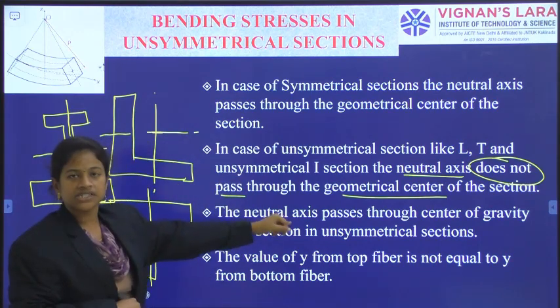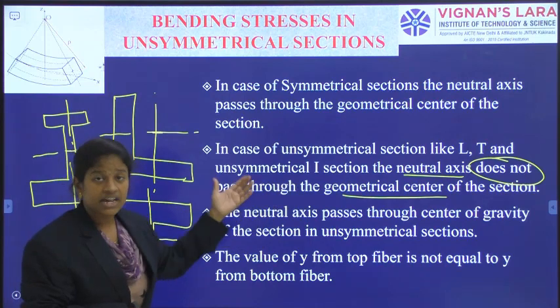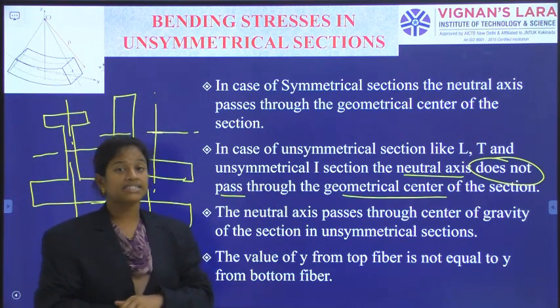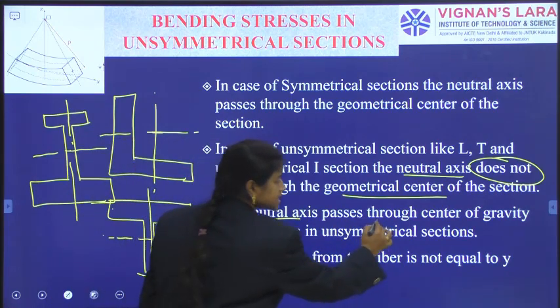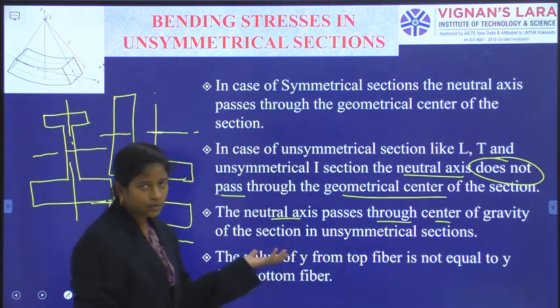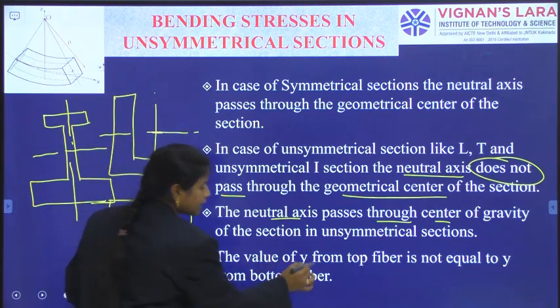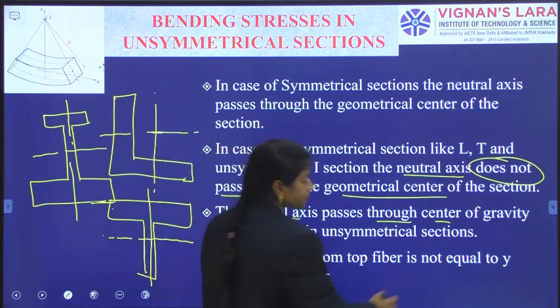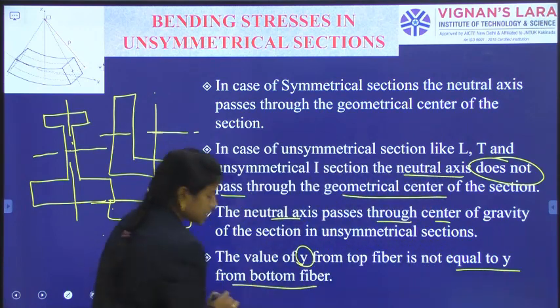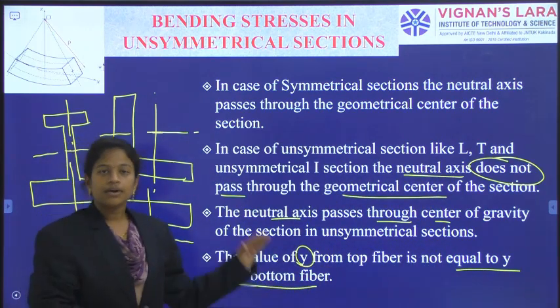Such sections we call unsymmetrical sections, and we have solved a numerical on an unsymmetrical I section also. Then we observed a point: the neutral axis simply passes through the center of gravity, which we already know, and the value of y from the top fiber is different from the distance of the fiber from the neutral axis.